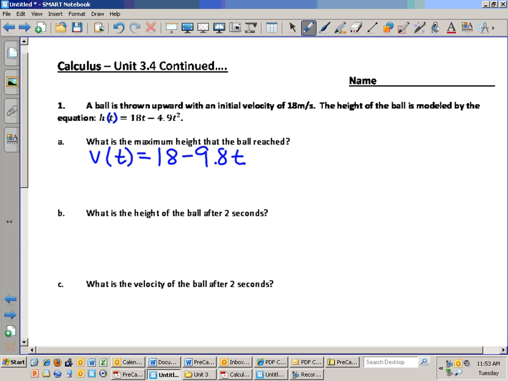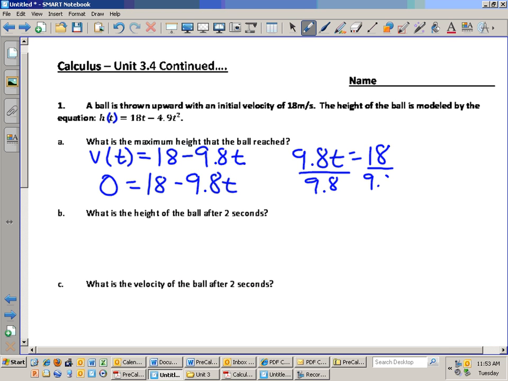So we will say 0 is equal to 18 minus 9.8t. If we solve for that, 9.8t is equal to 18. Divide by 9.8.